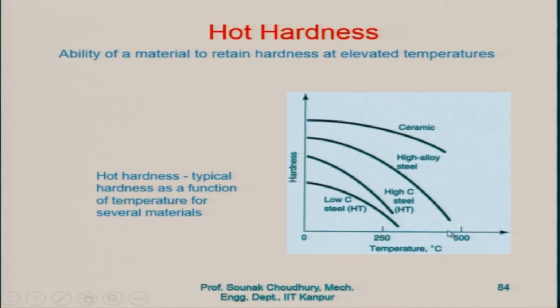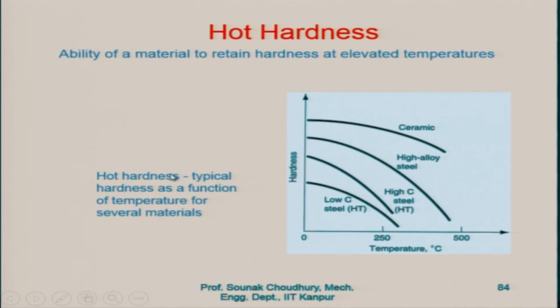See, for example, at 500 degrees, even then the hardness is maintained, okay. But at 500 degrees, in the case of high alloy steel, the hardness drops drastically, okay. So, this means that the hot hardness of the ceramic is much more than any one of them, than the high alloy steel, high carbon steel or the low carbon steel.